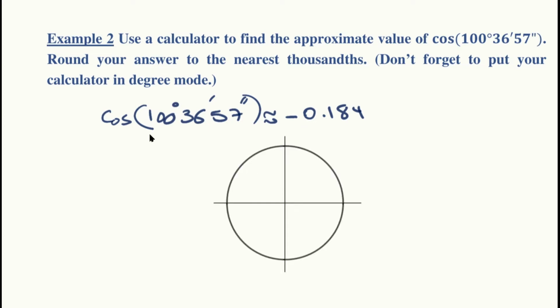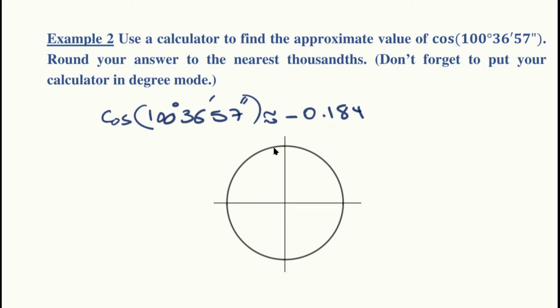Okay, so notice that 100 degrees 36 minutes 57 seconds is going to be somewhere in the second quadrant, right? Because we know up to here we're at 90 degrees and here we would be at 180, so it's somewhere in here, and it's actually close to 90 degrees, not that far away, right?